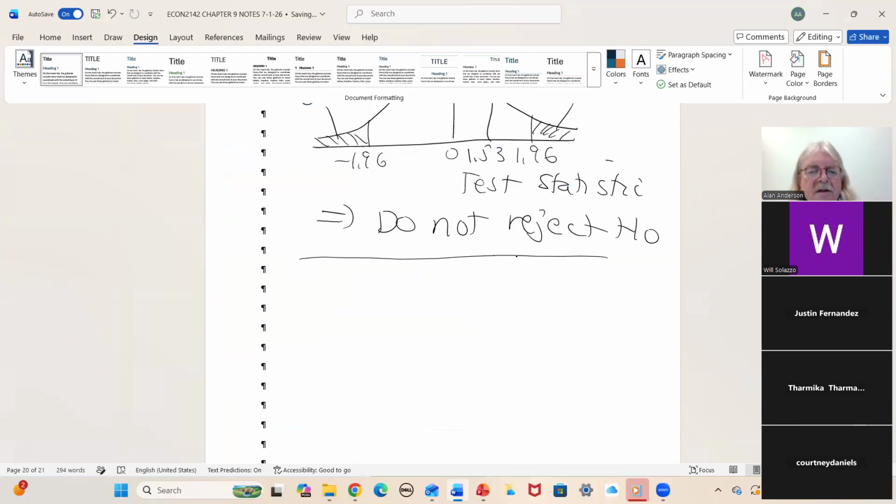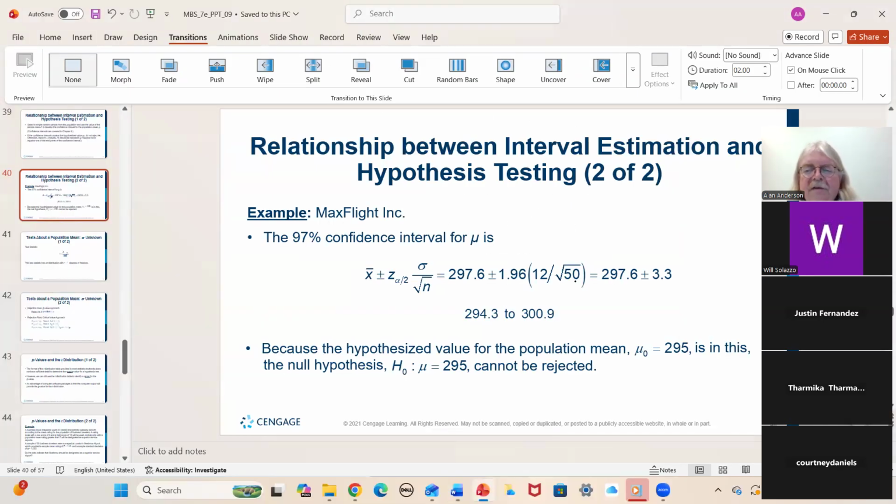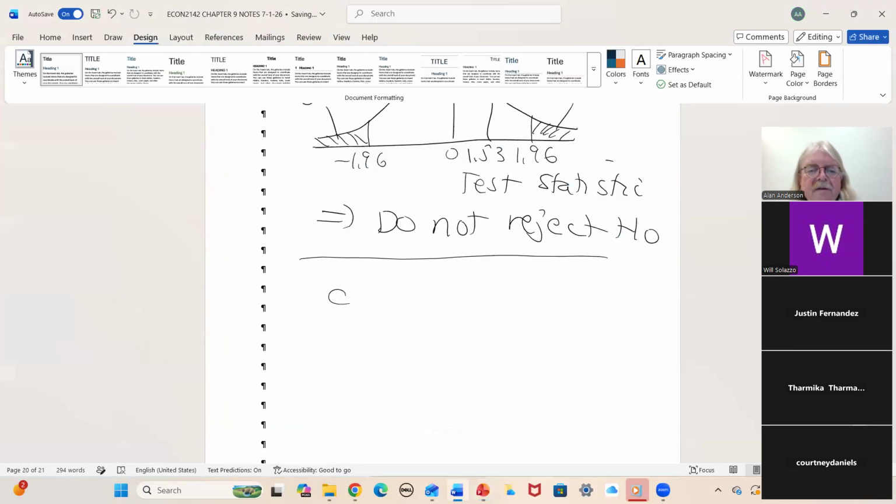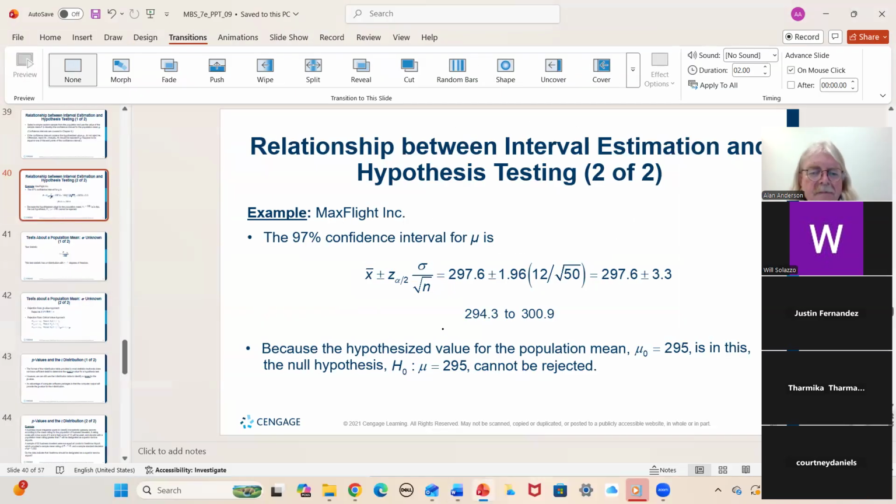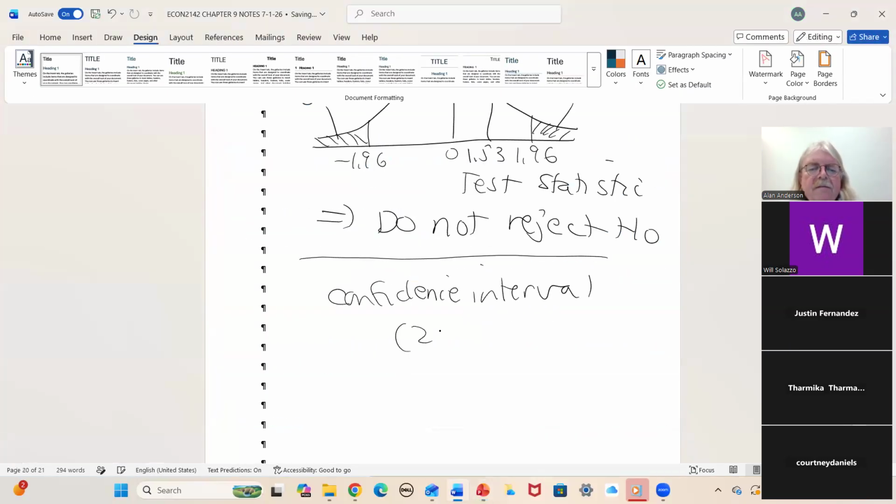What they've done is they've constructed a confidence interval for the mean flight of the golf balls, and that confidence interval turned out to be between 294 and 300.9.